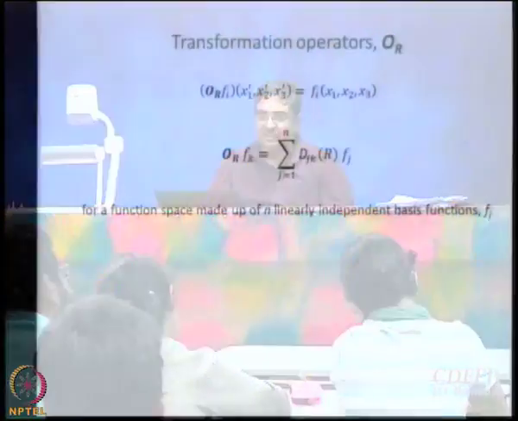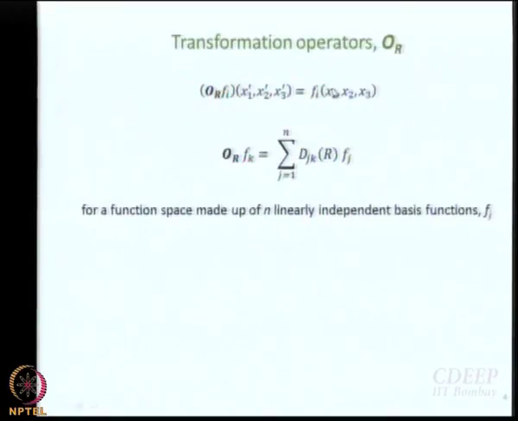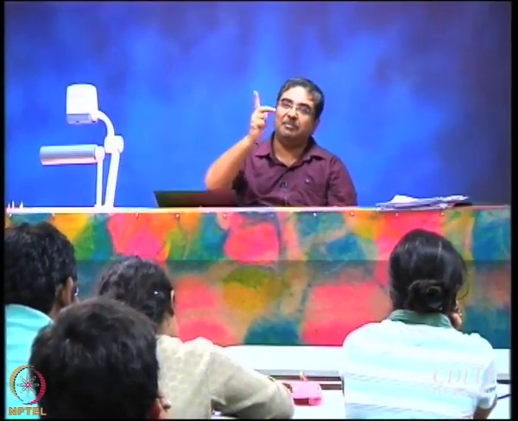The first property we discussed already, and this is something of central importance that keeps coming back to haunt us, that is, OR Fi in transformed coordinates is equal to Fi in the original coordinates. Makes sense? Because if you take the function and perform a C3 rotation or whatever it is, then its coordinates in the original coordinate system would change and the function value would also change.